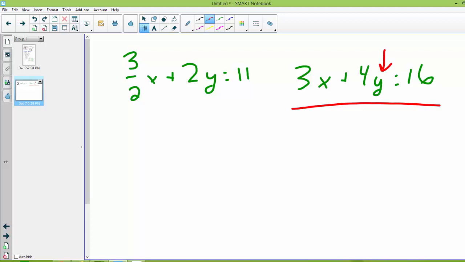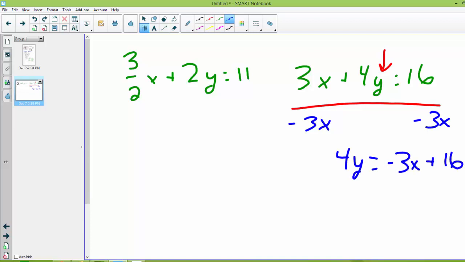So let's do that. In order to solve this for y, we're going to subtract 3x. So 4y equals negative 3x plus 16. And then you're going to divide everything by 4. So y equals negative 3/4 x plus 4.